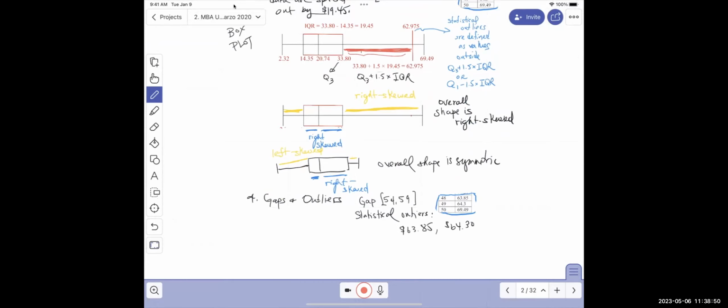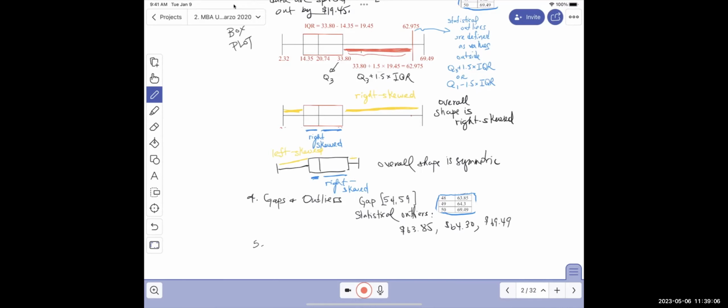Always going back to the original data. Okay, and that's it. That's all you have to do. We did all the work already. I spelled outliers wrong. Outliers.